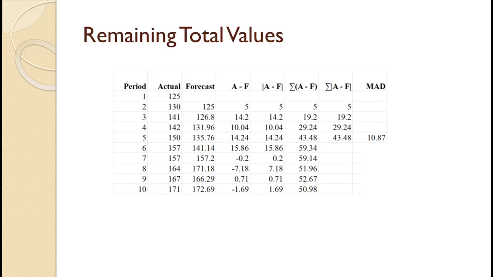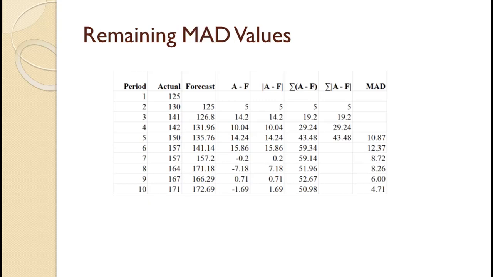The cumulative A minus F equals 51.96 plus 0.71 equals 52.67. For period 10, the actual of 171 minus the forecast of 172.69 equals negative 1.69. The absolute value is 1.69. The cumulative A minus F equals 52.67 plus negative 1.69 equals 50.98.